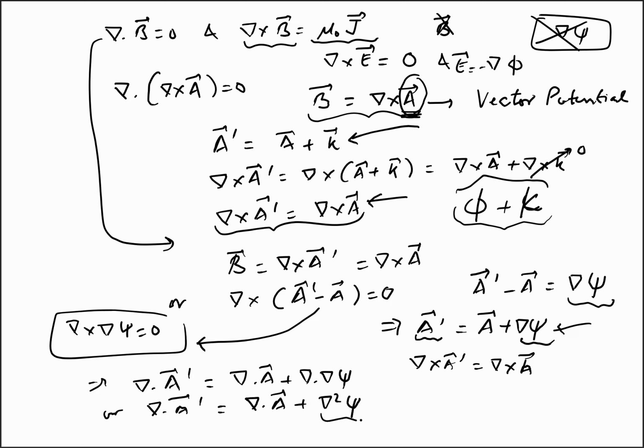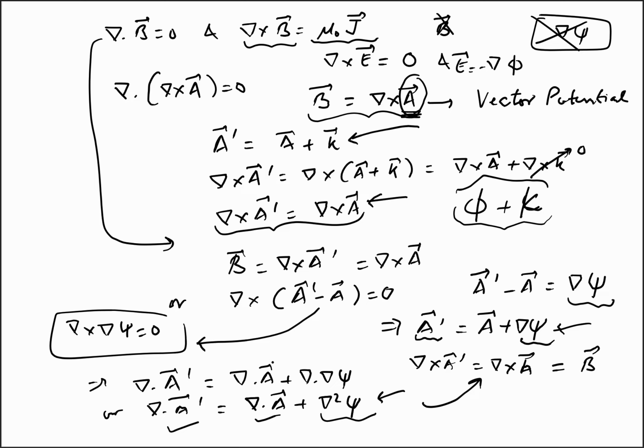Now I can take this psi such that I always have the required equation that del cross A prime is equal to B is equal to del cross A. So still we have so much choice left with us.